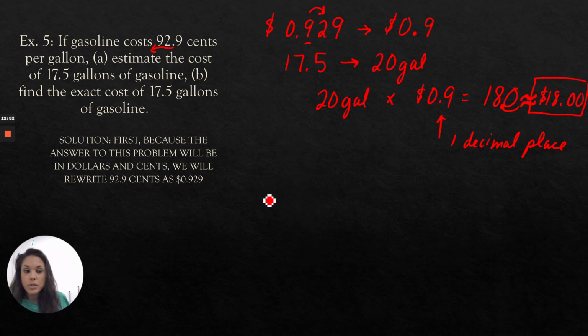Okay? Now let's do the actual. Let's see how close the estimate was to the actual, or the exact cost. So I'm going to multiply 17.5 times 0, let's see.